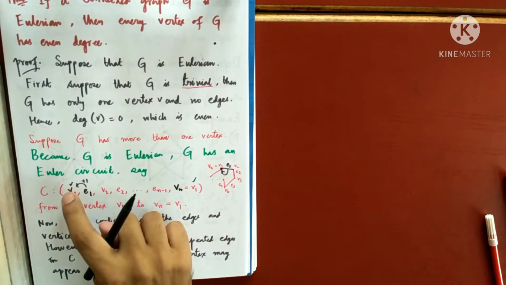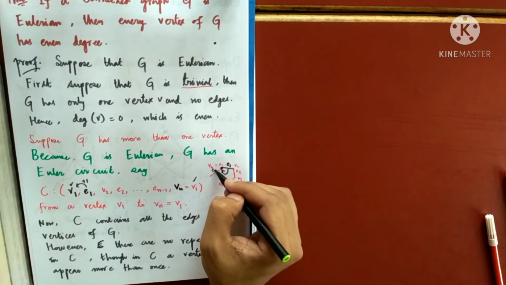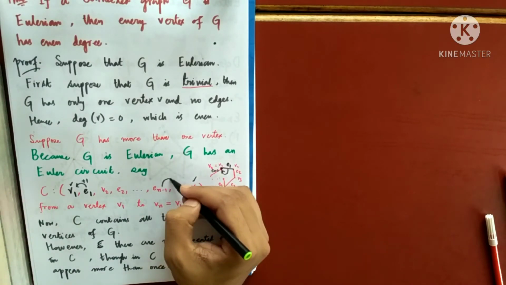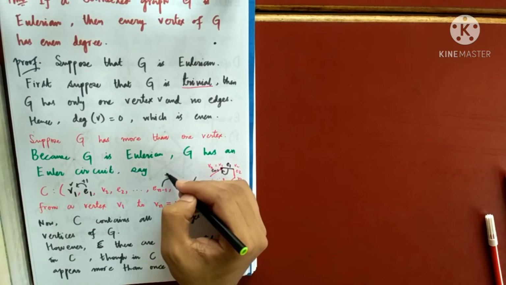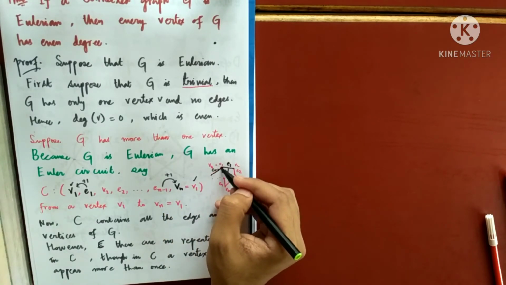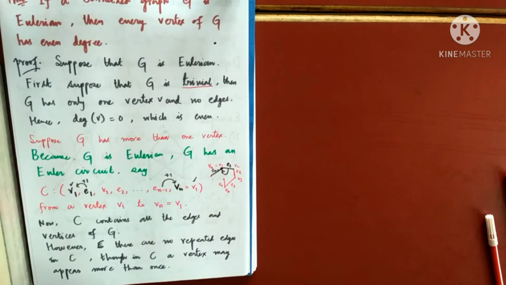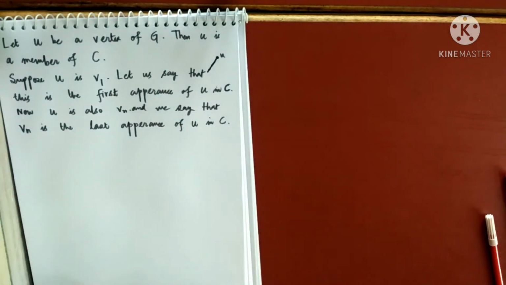And this edge En minus 1 also contributes 1 to the degree of Vn. And Vn is same as V1. Right? So this contributes 1 and this contributes 1 to the degree of Vn and V1. Let's write that down and let's see what is the advantage of that.